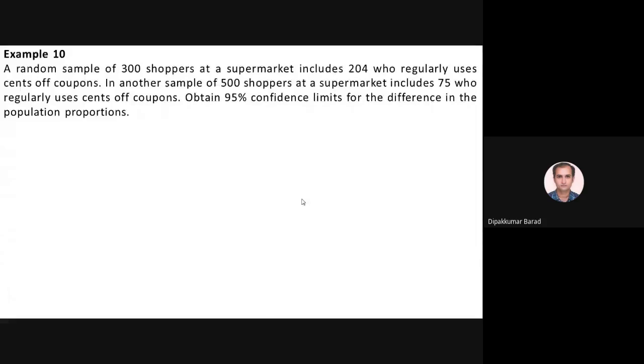We have not been asked to test, but to find the confidence limit, and we have already noted the formula to find the confidence limit. Here n1 is equal to 300 and n2 is equal to 500.